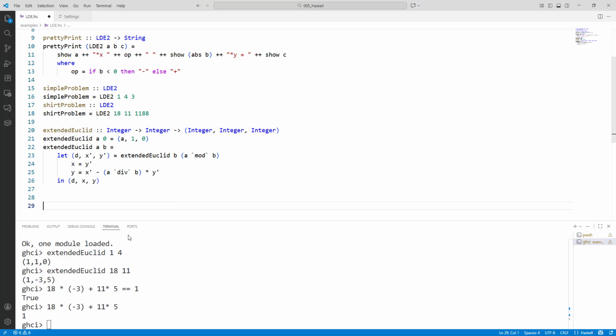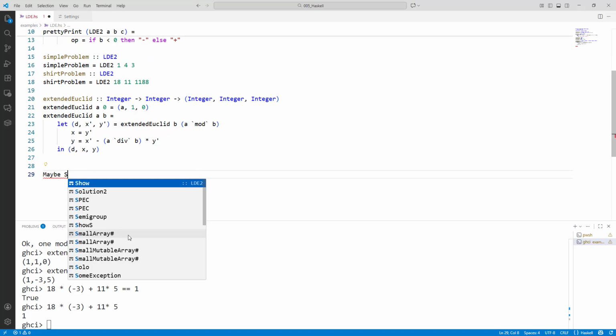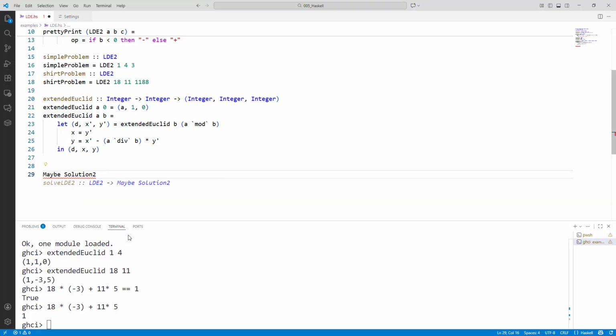So we should be introducing one of the most important types in Haskell, which is called Maybe. A Maybe can be just a value, or it can be nothing, and Just and Nothing are also important types in Haskell. So we have Maybe, Just, and Nothing. So let's call Maybe Solution2. This is what our result would be.